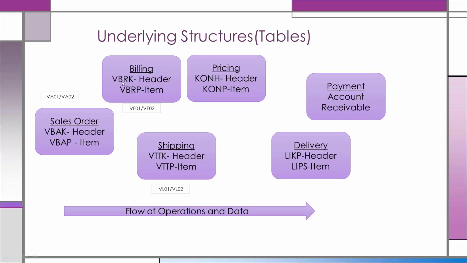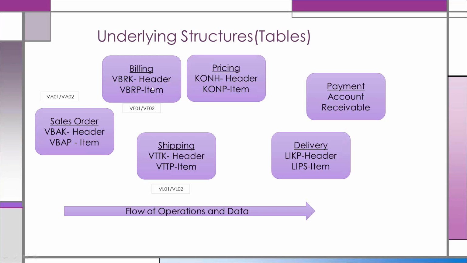Billing is stored in another two tables called VBRK, VBRP. It's a header and item. So what I would suggest is go ahead and search for these terms on the internet and find out what they are.